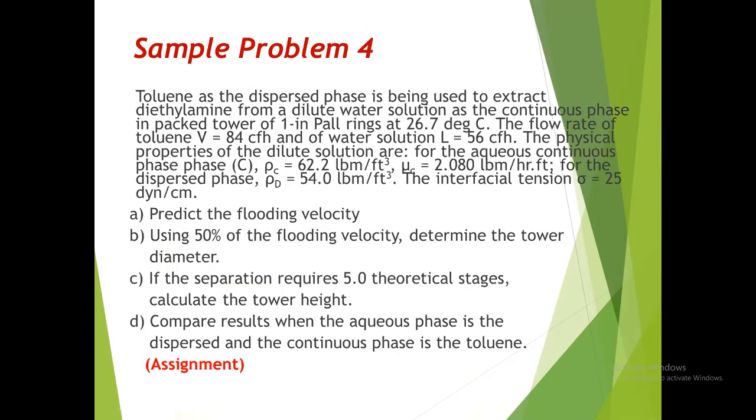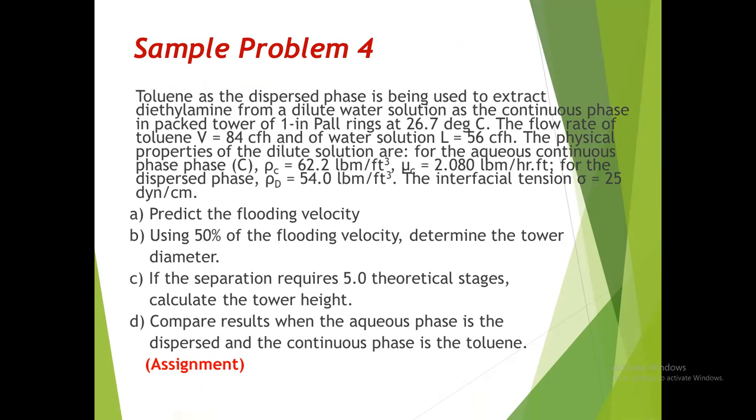Okay. So this would be our sample problem, in the use of those tables and diagrams. Toluene as the dispersed phase is being used to extract diethylamine from a dilute water solution. So your diethylamine is mixed with the water solution.